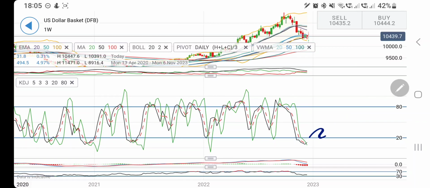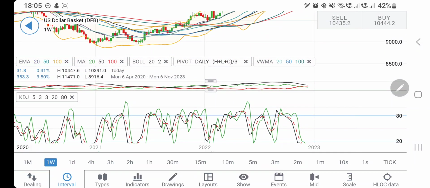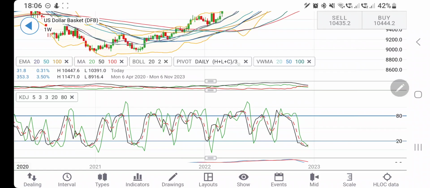The stochastic on the weekly charts is extremely oversold, which calls for a reversal here. So it has seen the bottom, it is looking forward to reversing, and whenever we have seen such reversals in the past, let me show you and highlight what I am trying to show. See this, these were the extremes when the reversal happened, and from here at 90 levels, it went to 93, and in fact it achieved the overbought level.